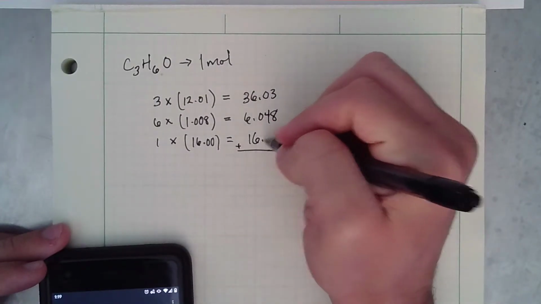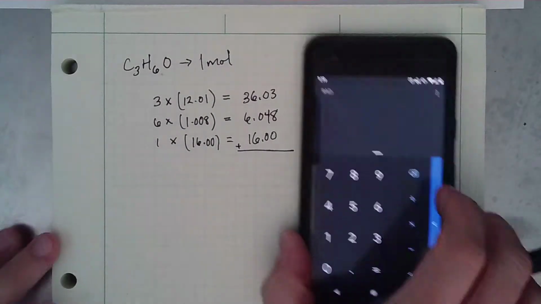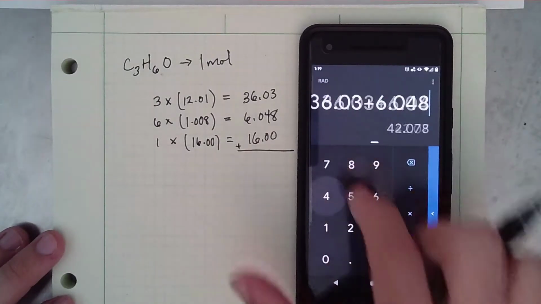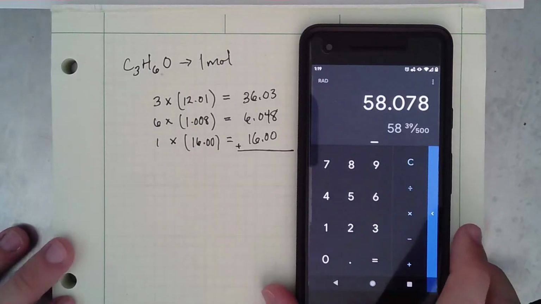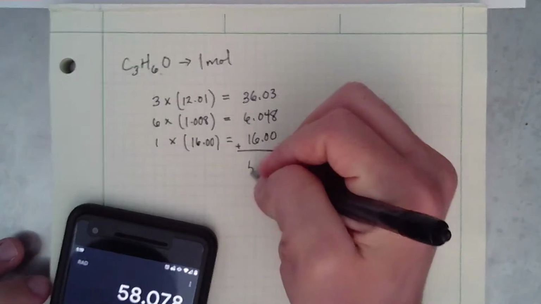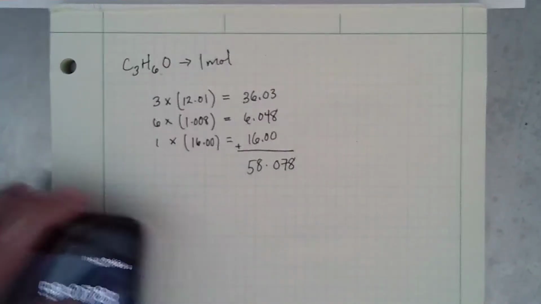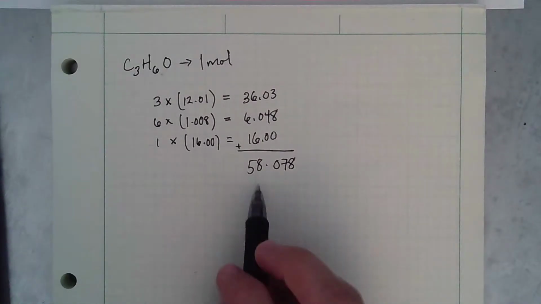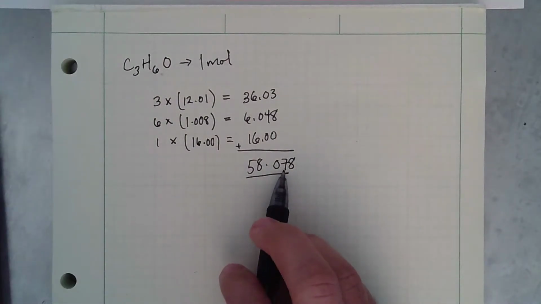I don't really need to do any math here because it's just 1 times 16.00. Then I need to add those up. 36.03 plus 6.048 plus 16.00. Looks like a reasonable number. 58.078. Now, if we are trying to be very careful with our significant digits, we should only have 4 significant figures here, so I'm going to round that 7 up.